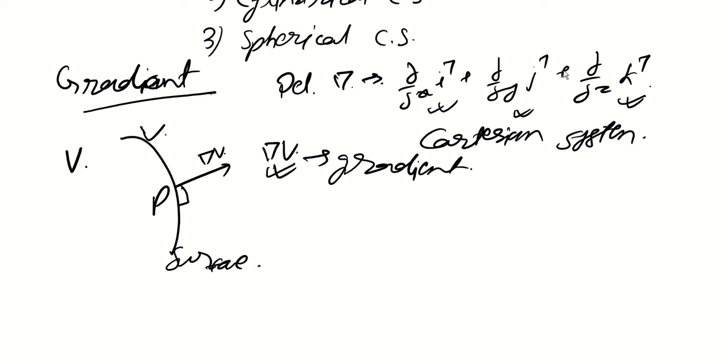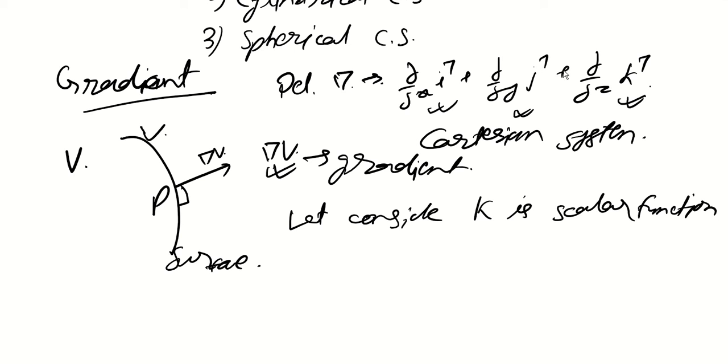Now to make it very general, we will find out how to represent this in all the three coordinate systems together. So let's consider capital K is a scalar function. I am not taking v, so that I can represent this in all the three coordinate systems in terms of u, v, w coordinates.